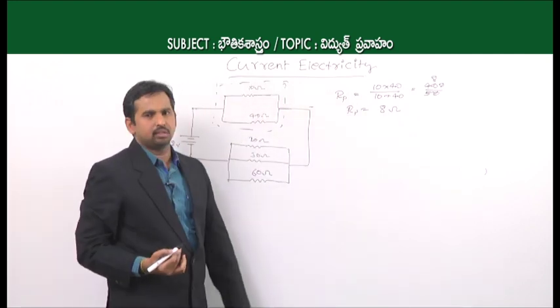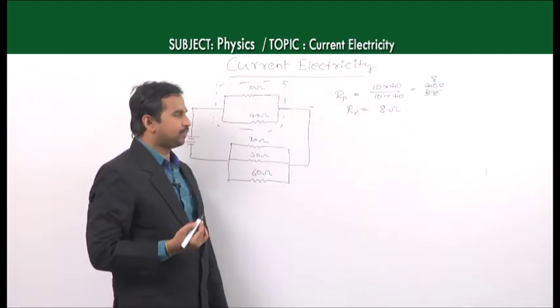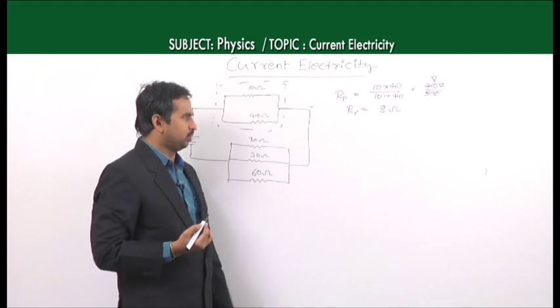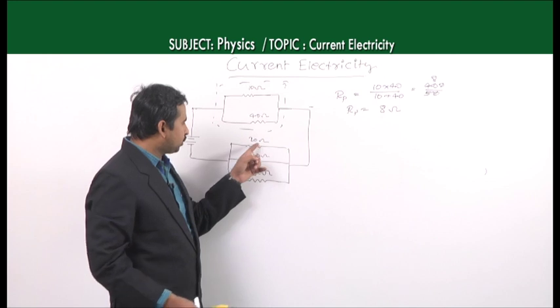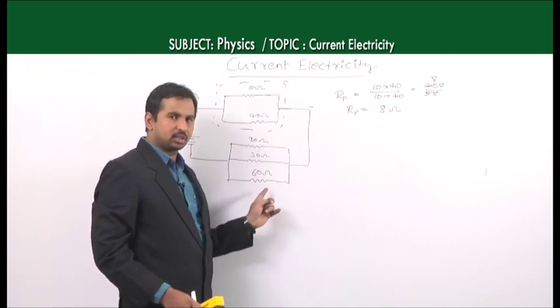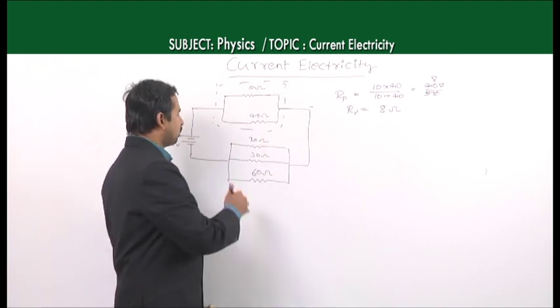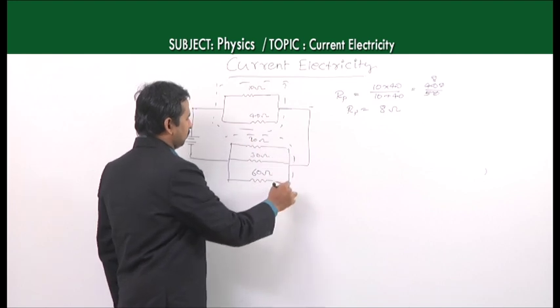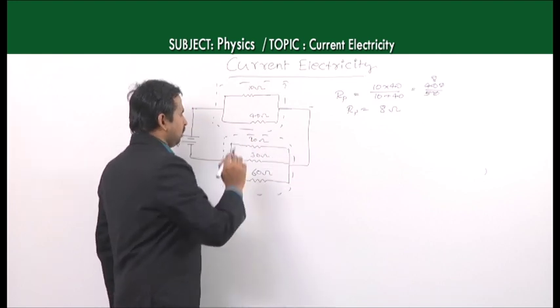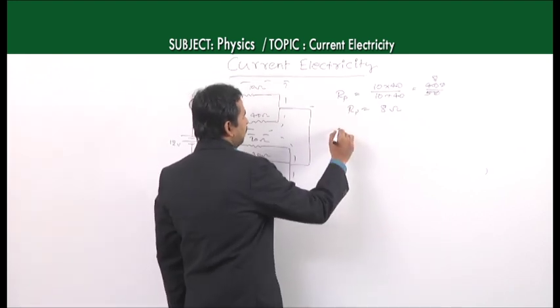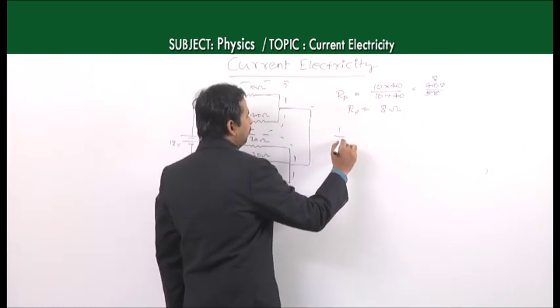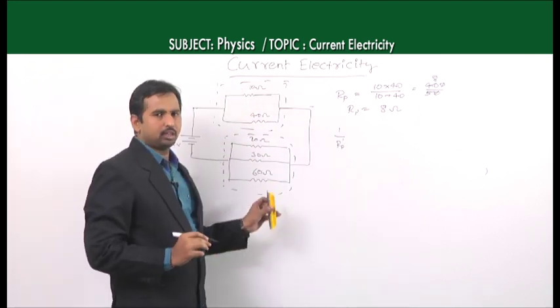This is the case for the first one, when 10 ohms and 40 ohms are both connected in parallel. In the next case we have a total of 3 resistors, and these 3 are also in parallel. Taking this second circuit separately, let 1 by Rp dash be the equivalent, as they are in parallel.